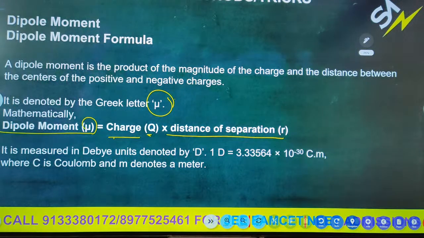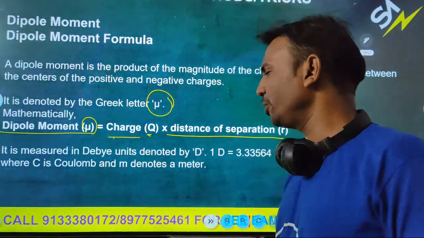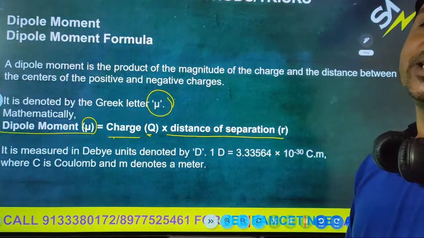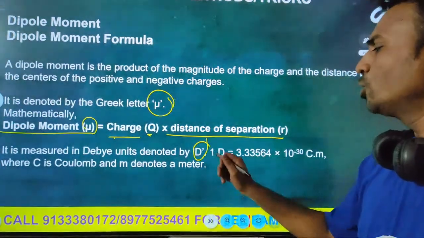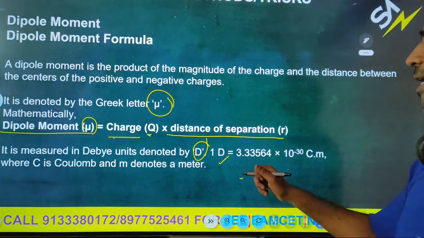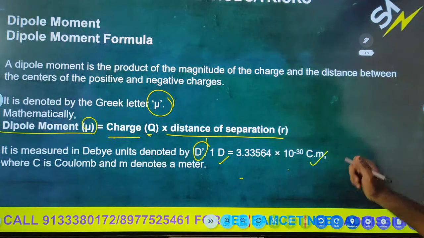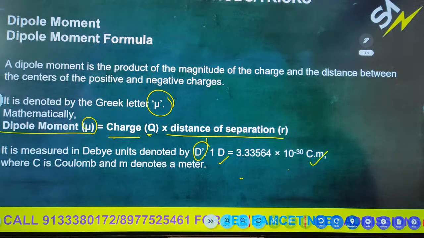Clear? Now what are the units of the dipole moment? We can measure the dipole moment in Debye units, denoted by D. So 1 Debye is equal to how much? 1 Debye is equal to 3.33564 times 10 to the power of minus 30 coulomb meters.